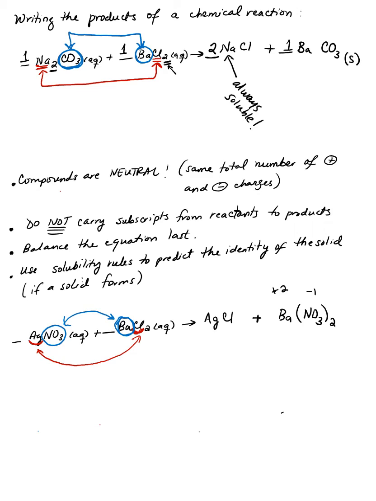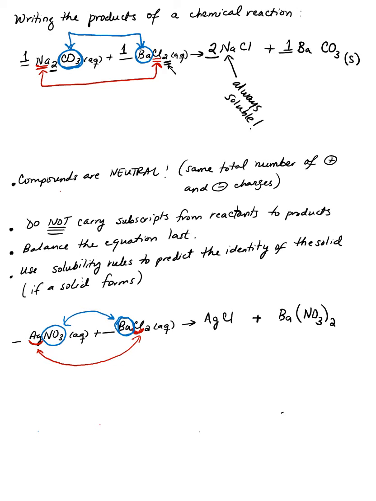Barium is +2, and your nitrate is -1, but since you have 2 of them, 2 nitrates is 2 negative charges. Now the total number of positive and negative charges is the same, and that's the correct formula for your compound barium nitrate.